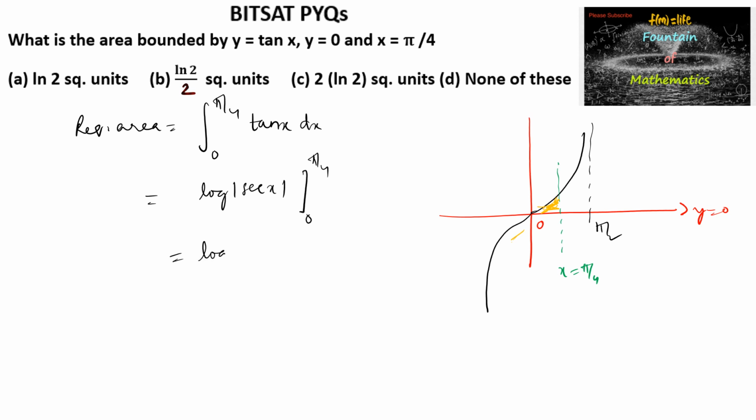So we can write log secant pi by 4 minus log secant 0. Secant pi by 4 is root 2, since cos pi by 4 is 1 by root 2.